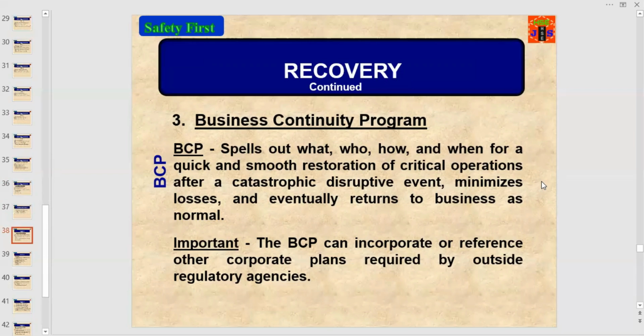Business continuity program spells out what, who, how, and when for a quick and smooth restoration of critical operations after a catastrophic disruptive event, minimizes losses, and eventually returns to business as normal. The most important thing is the business continuity program can incorporate or reference other corporate plans required by outside regulatory agencies.